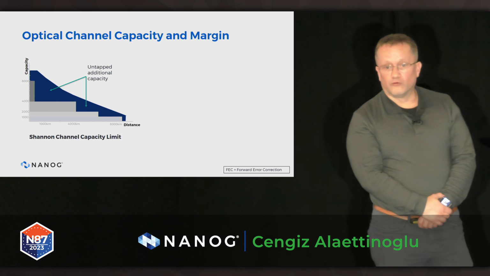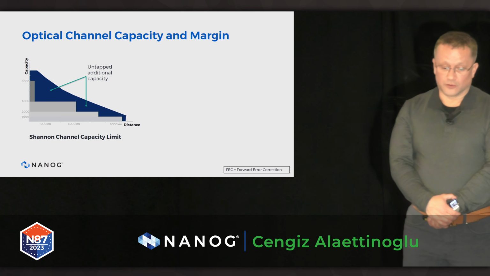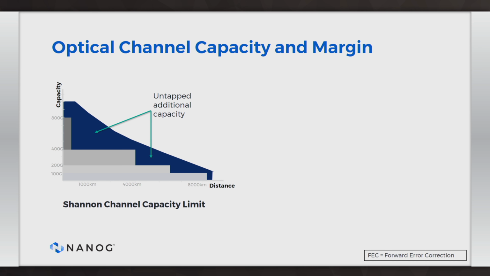If you overlay the standard Ethernet rates on top of this graph, which I did with the 100, 200, 400, and 800 gig regions, you have this gray section on top of the blue. If you look at this curve, you can say, oh, there's a lot of blue which is not tapped. Can I use this capacity when I need it?